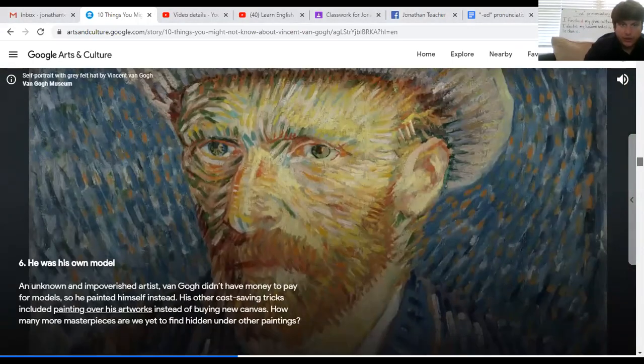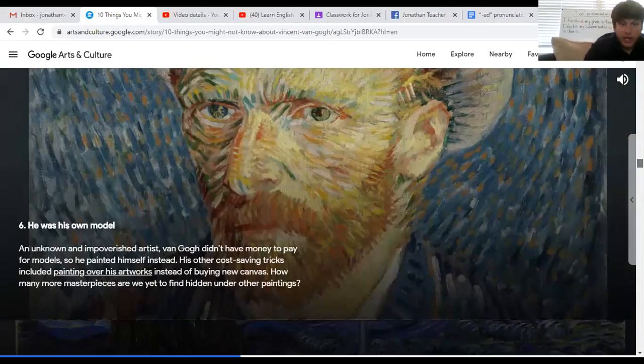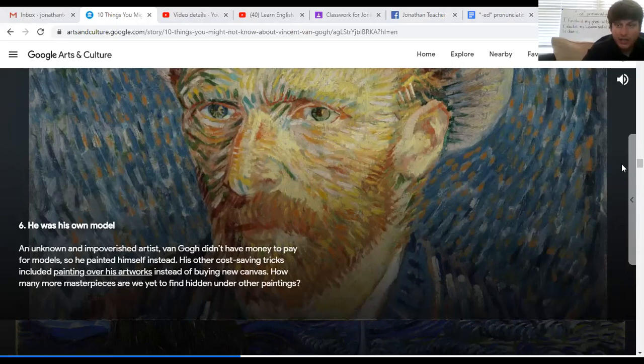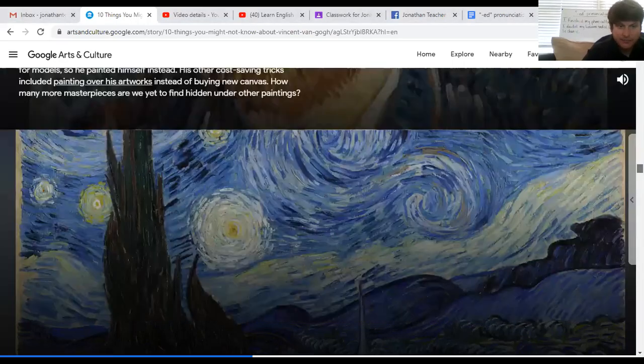He was his own model. An unknown and impoverished artist, Van Gogh didn't have money to pay for models, so he painted himself instead. His other cost-saving tricks included painting over his artworks instead of buying new canvas. How many more masterpieces are we yet to find hidden under other paintings?